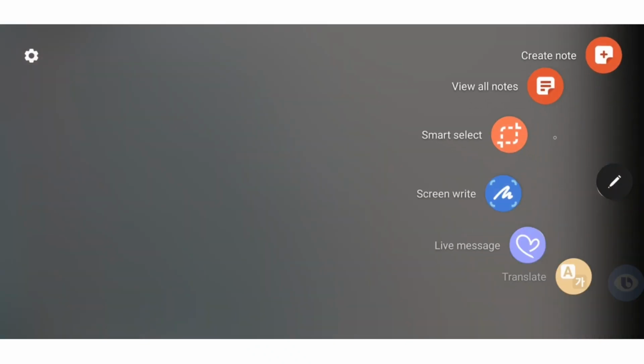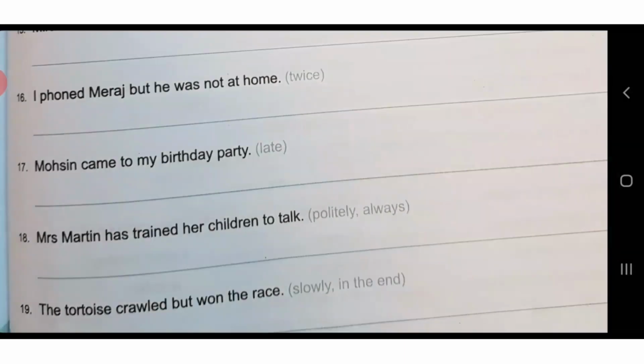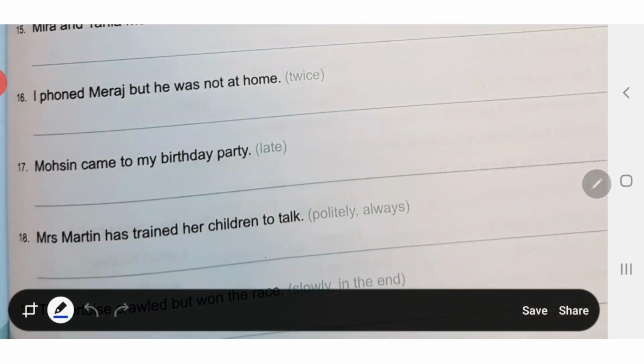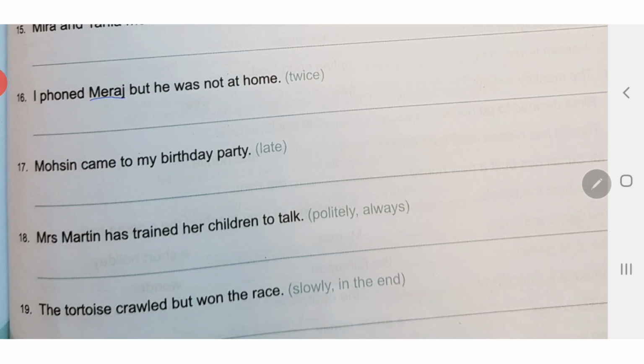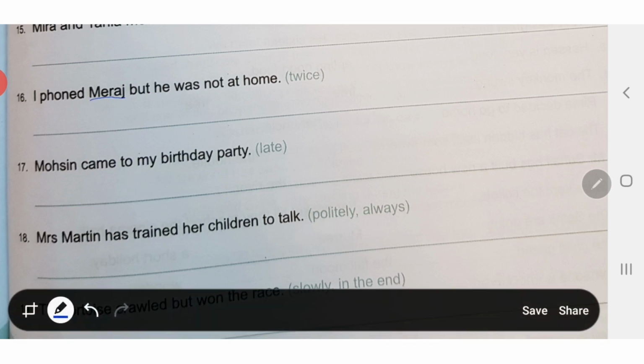Number 16 says, let's read it. I phoned Mirage, but he was not at home. Bracket says twice. Okay, twice. So now, in this sentence, the subject is Mirage, the person to whom they phoned.